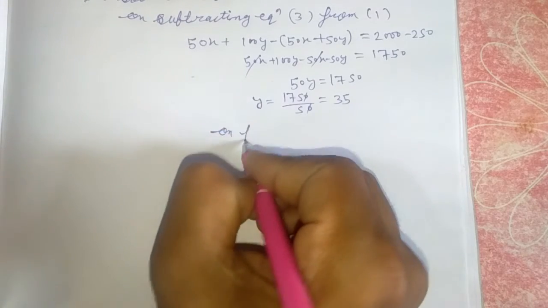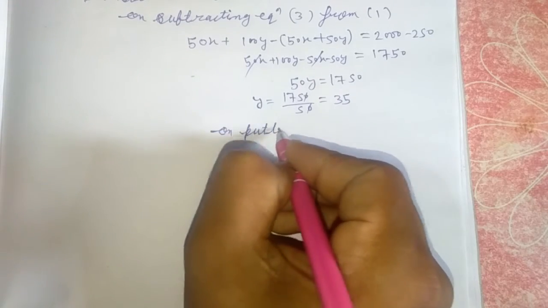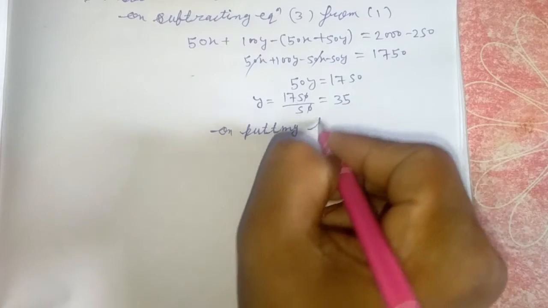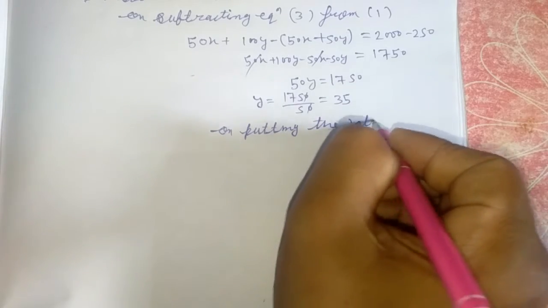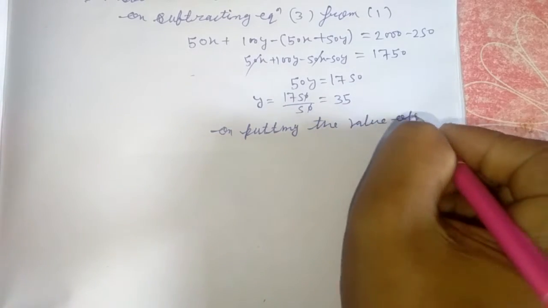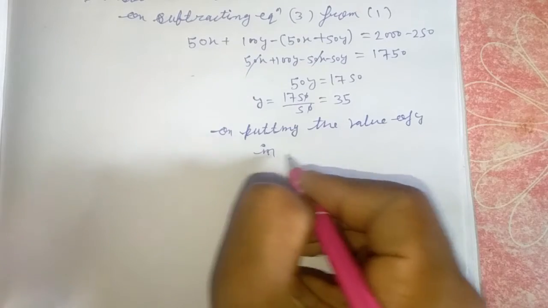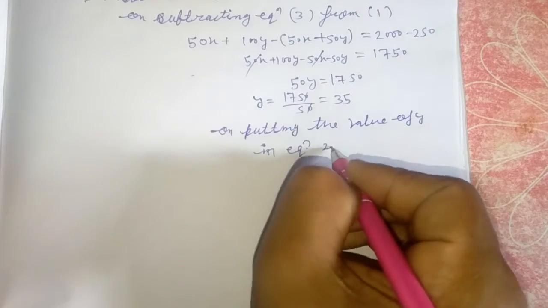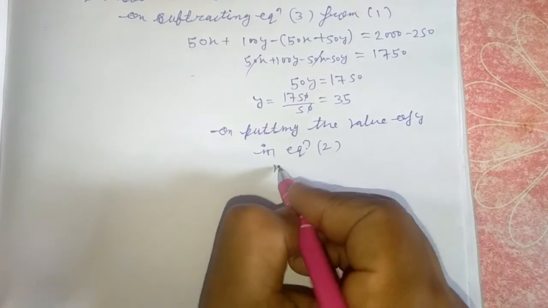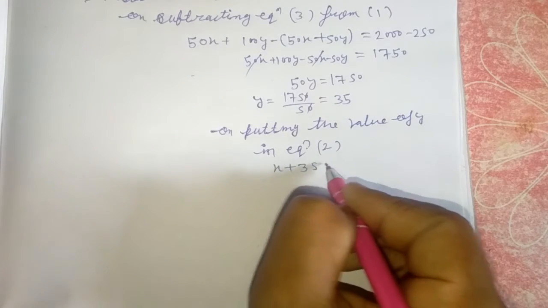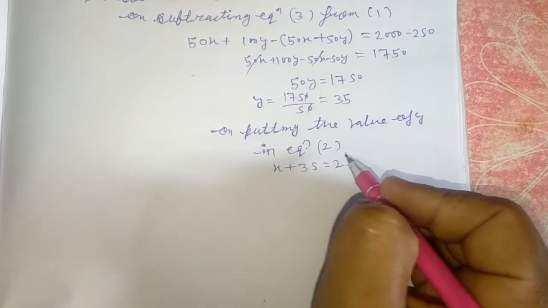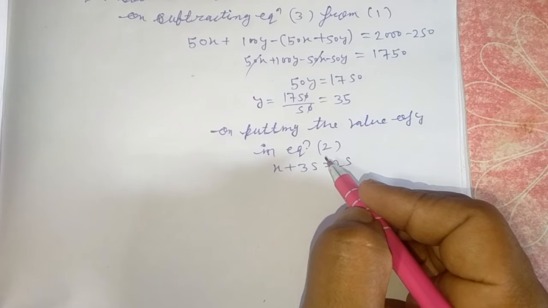On putting the value of y in equation number 2, we get x plus 35 is equal to 25.